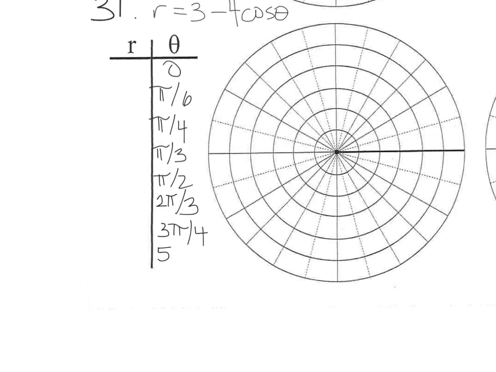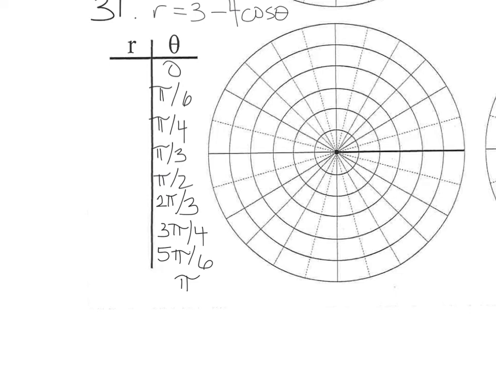It is symmetrical to the pi over 2 axis, which is kind of confusing, but those are some of the nuances that we get with polar equations and graphing them. All that being said, you can just go through grinding it through the input-output table, and of course you can shrink it down to just maybe the zeros, going up by pi over 4 rather than hitting all the unit circle values.